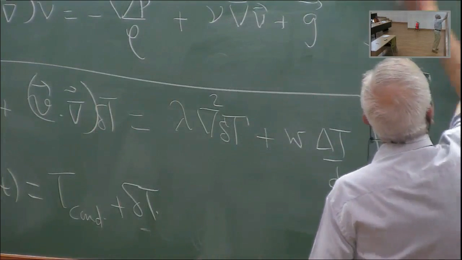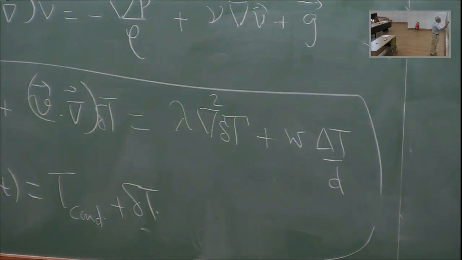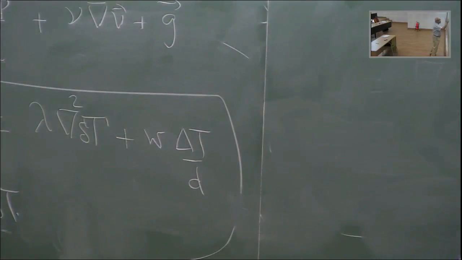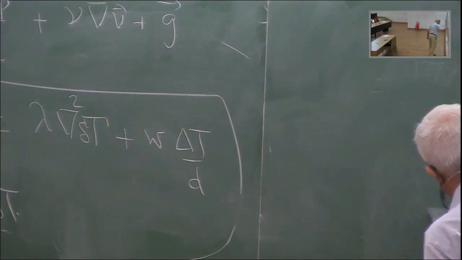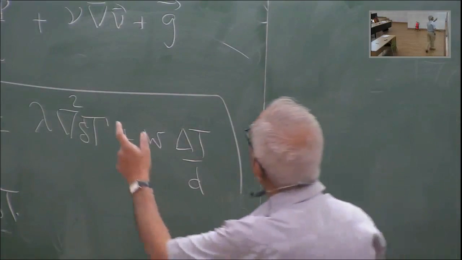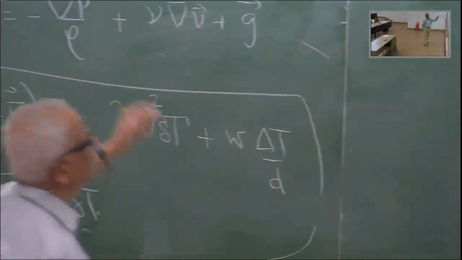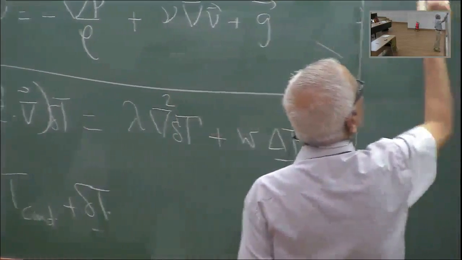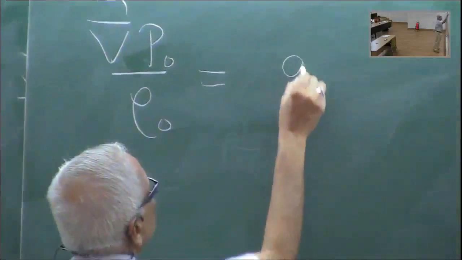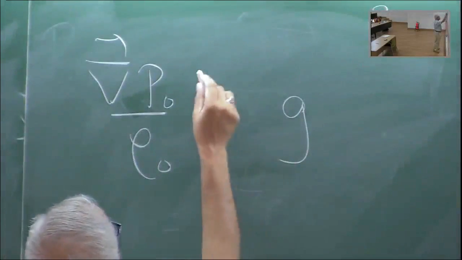So now what about the first one? What about the steady state over there? The steady state has grad P naught over rho naught equal to g vector.